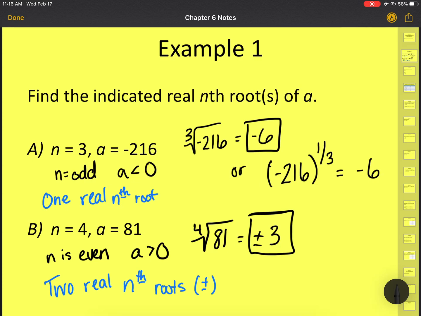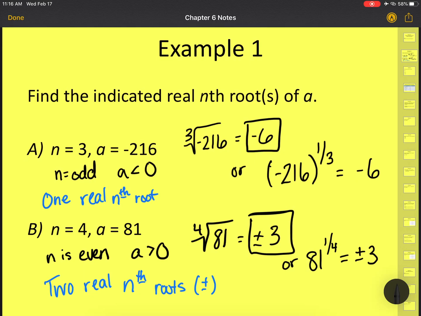And this is the same case. We'll get there by rewriting 81 to the 1/4 power, which is still positive 3 or negative 3.